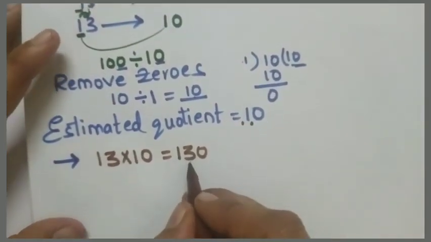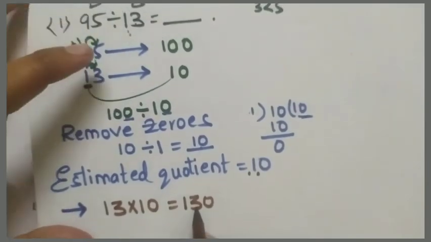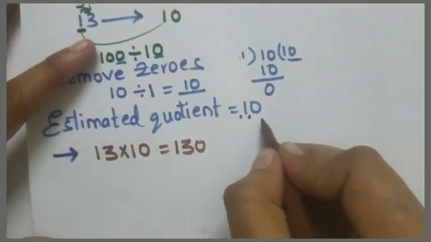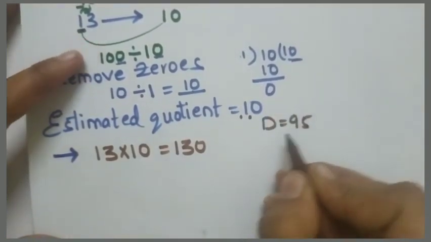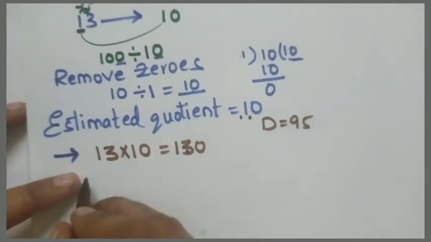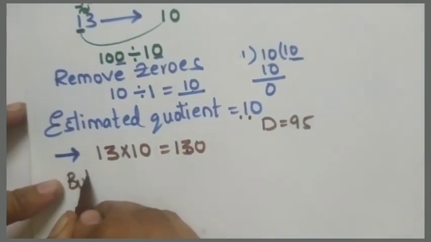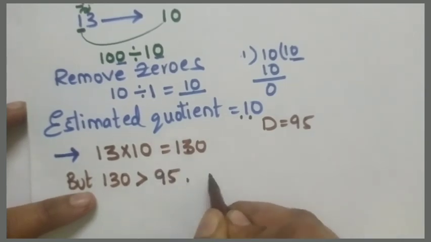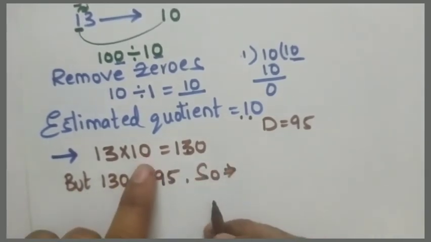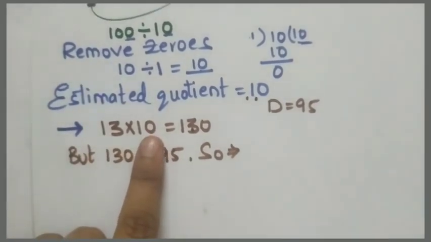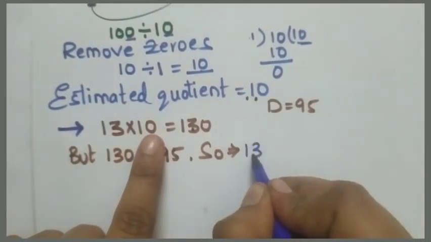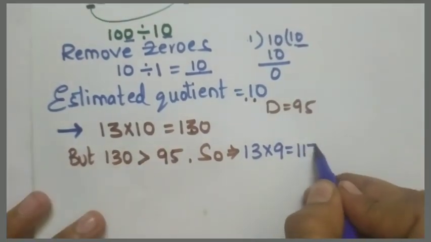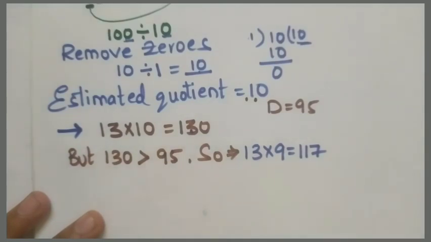But this 130 is greater than the given dividend 95. So we'll take 13 nines. 13 nines are 117.